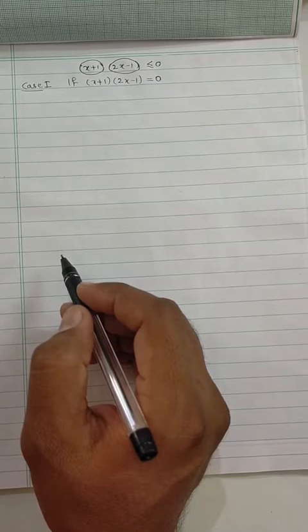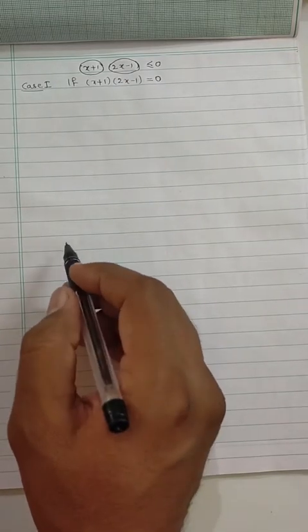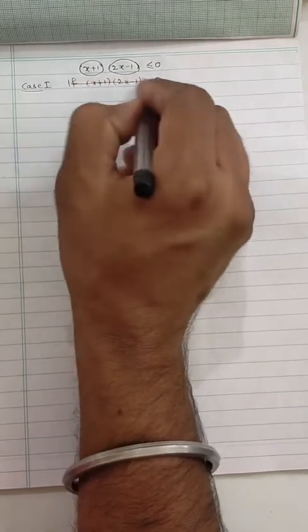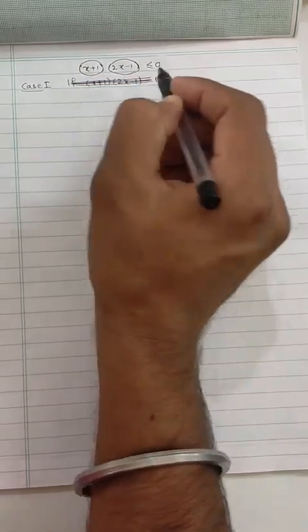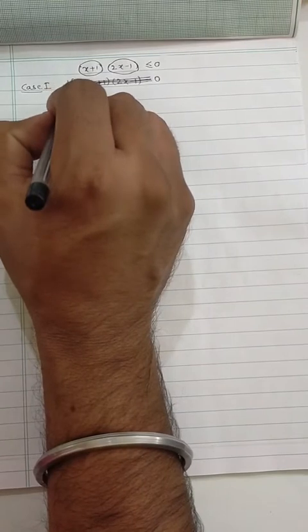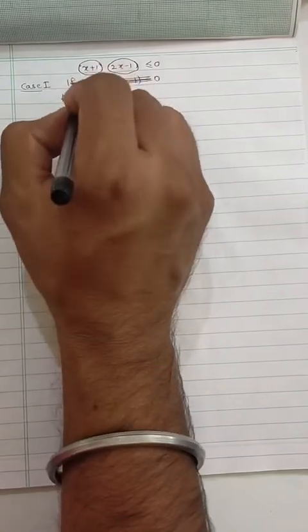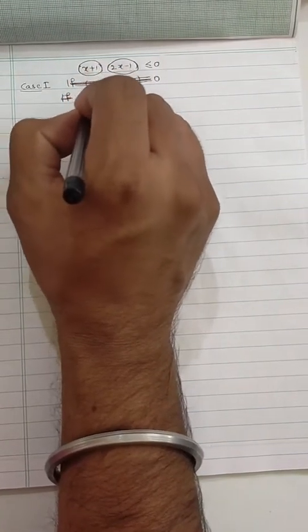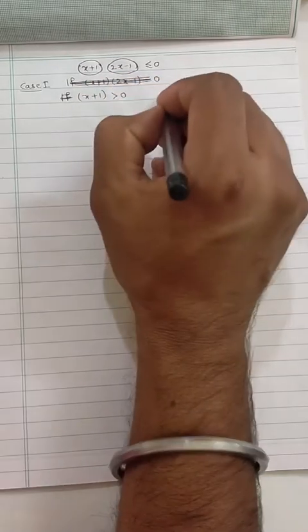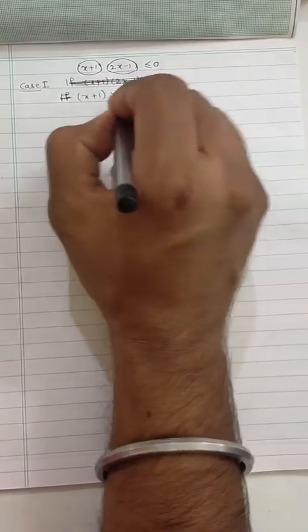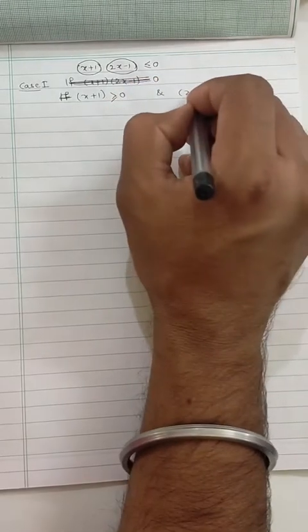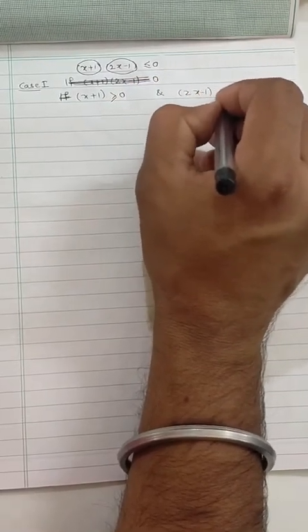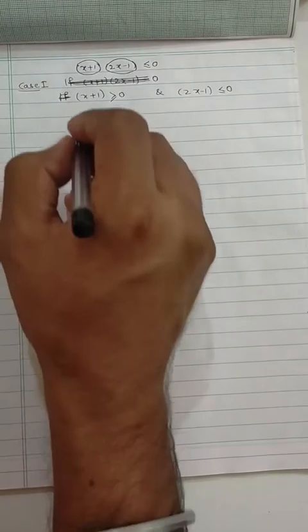So what happens? Okay, so let's see. The two cases can be: suppose this quantity x plus 1 is greater than or equal to 0, and 2x minus 1 is less than or equal to 0.